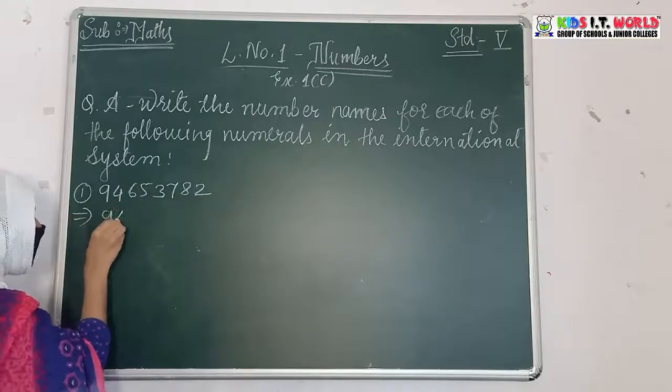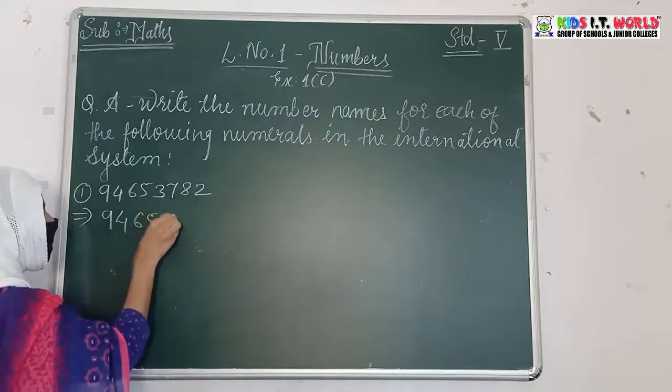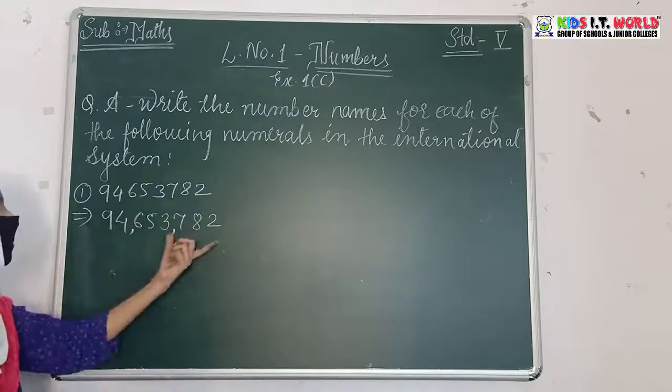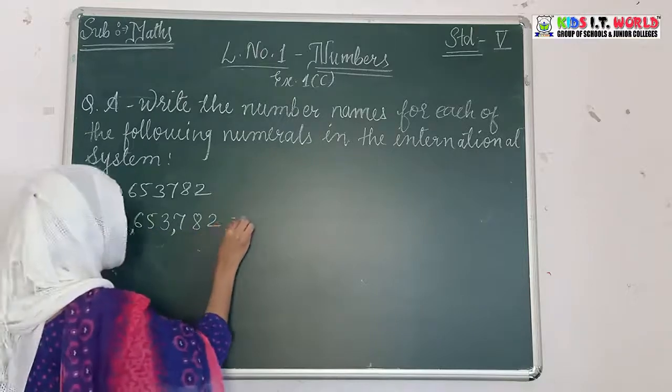So we will write the number again and separate it by the 3 periods. Now write it in the wording form.